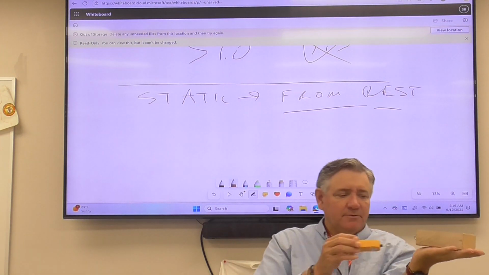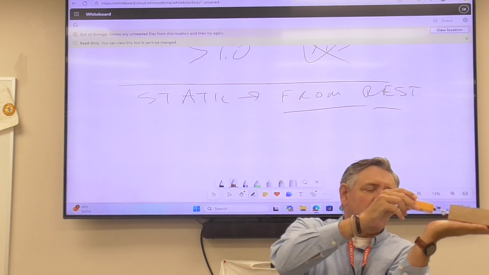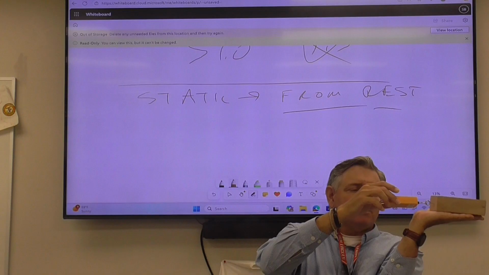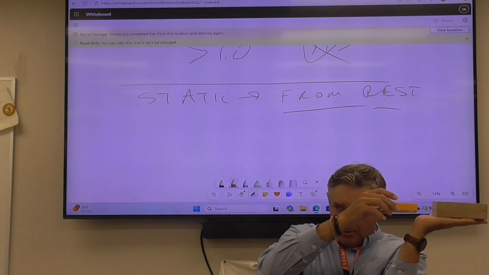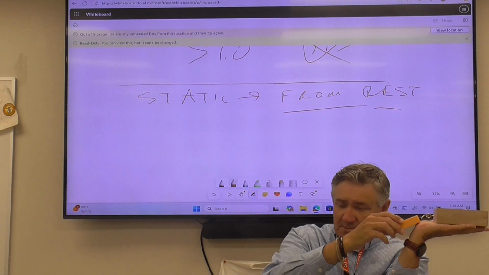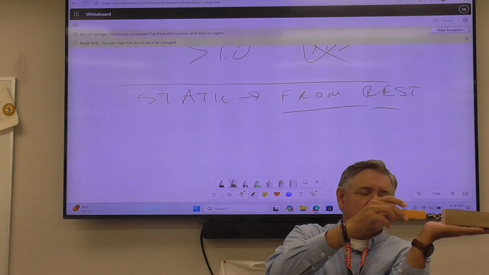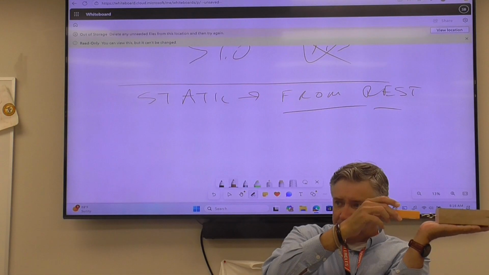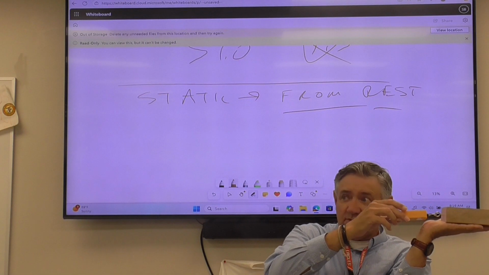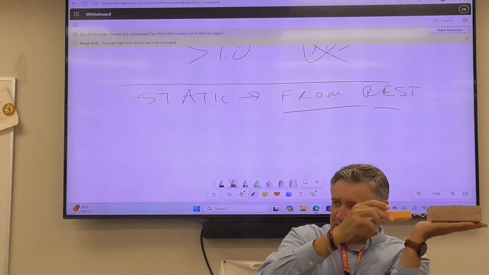Then you'll take your scale, and I'm just doing this so that it's easier to see on the camera. What you're going to begin to do is increase that force. You're going to pull it harder and harder, but you want to slowly increase the amount of force until it just begins to move, okay? So you're at rest, slowly increasing the force until, bam, it just begins to move.